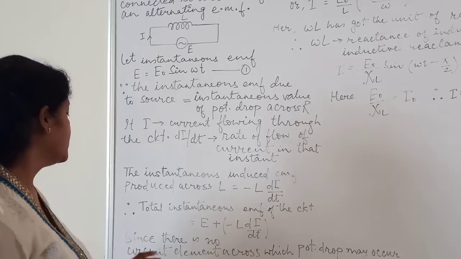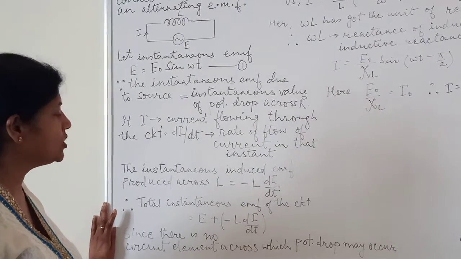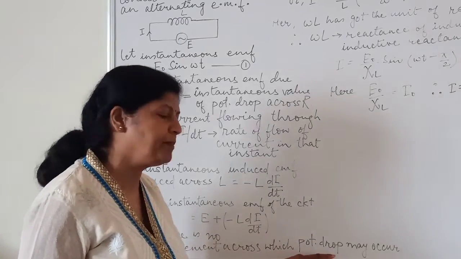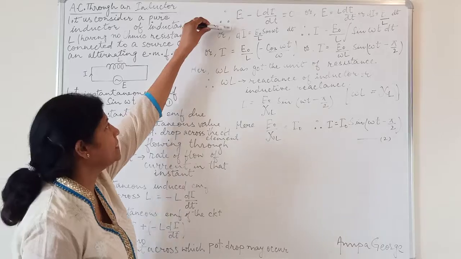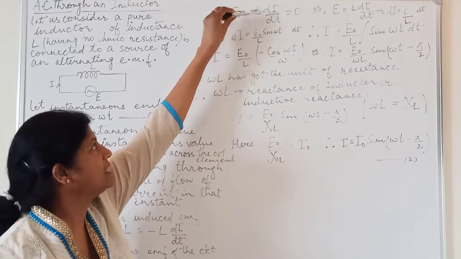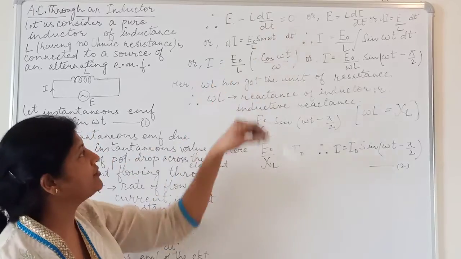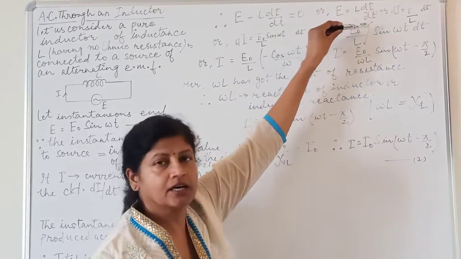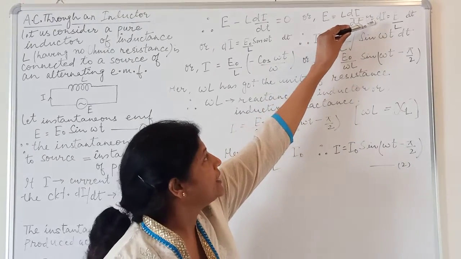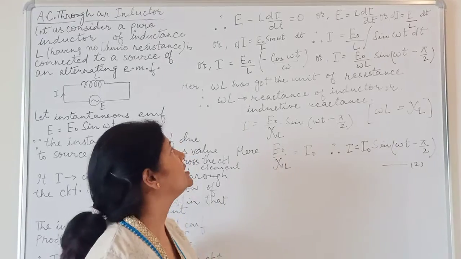Now, since there is no circuit element across which potential drop may occur, E minus L di upon dt is equal to 0, or we can write E is equal to L di upon dt, or di is equal to E upon L dt.